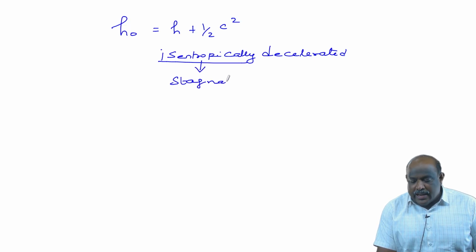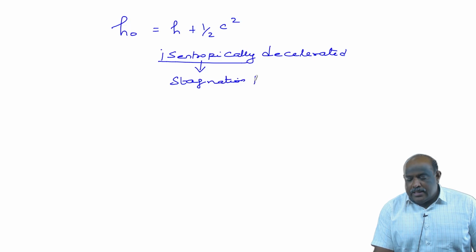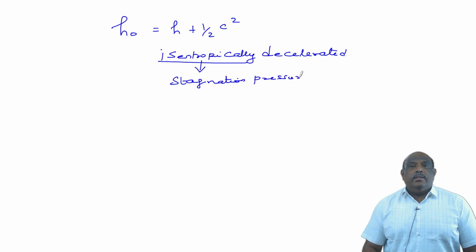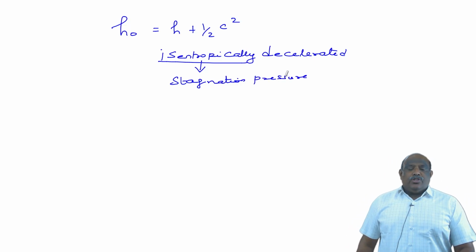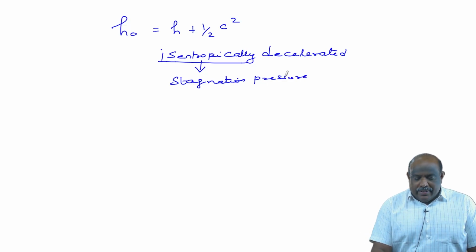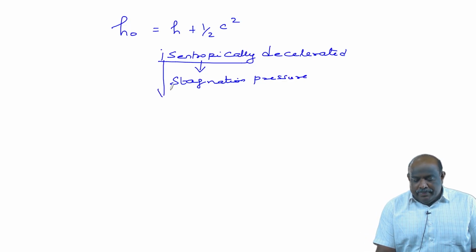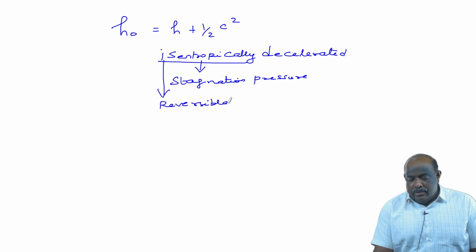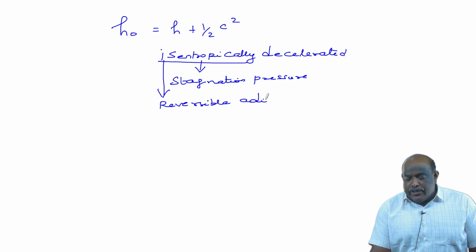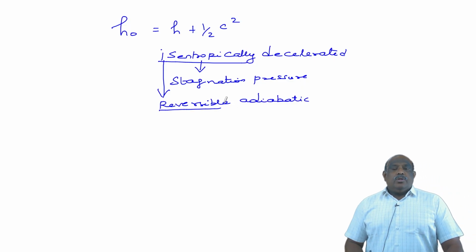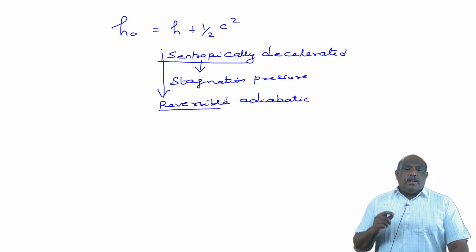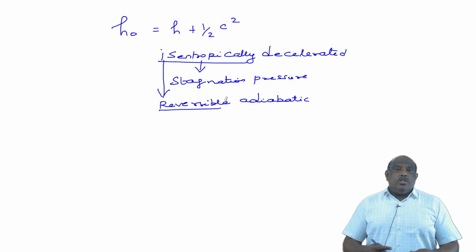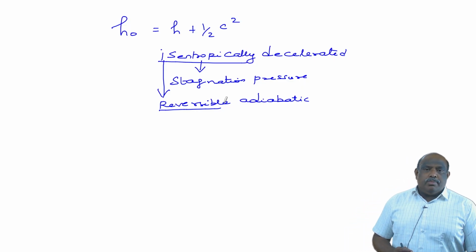So what is isentropic? Isentropic is nothing but reversible adiabatic. So we are adding an auxiliary term called reversible. It is not only sufficient that the process should be adiabatic, but also it should be reversible.